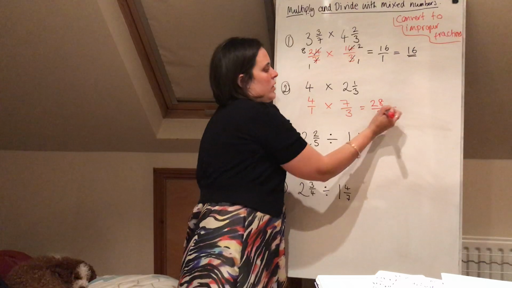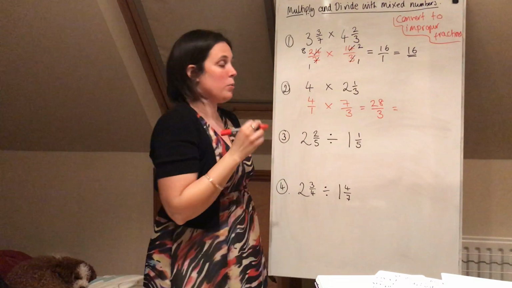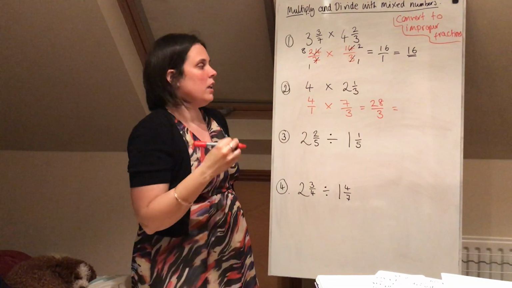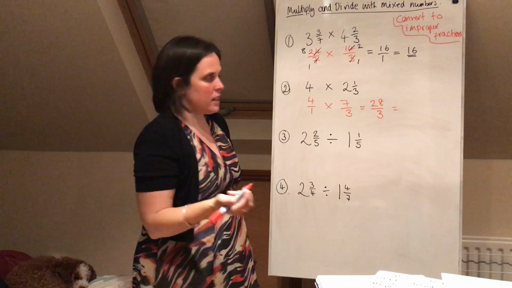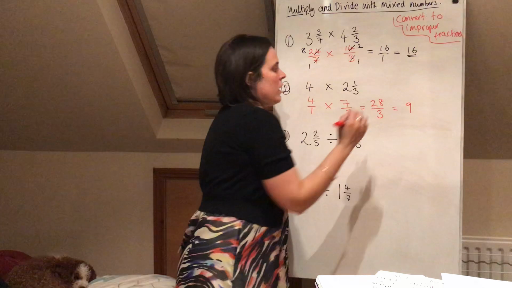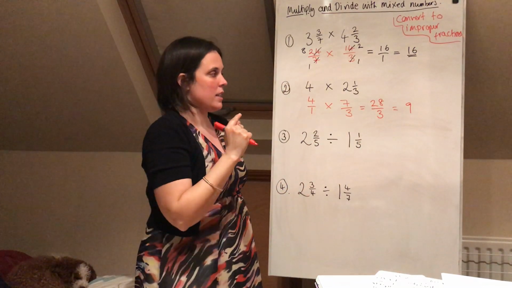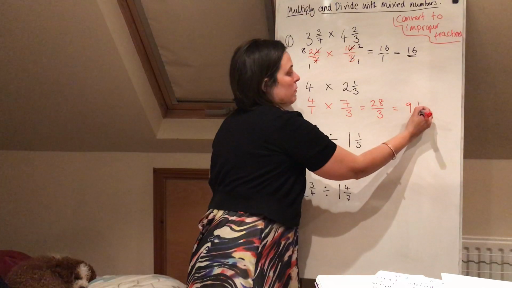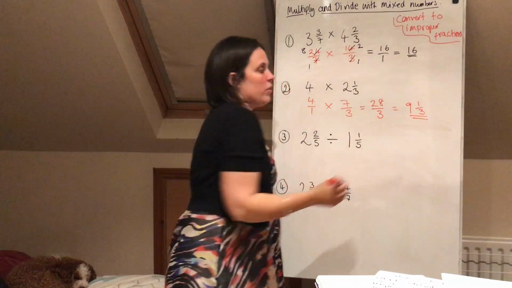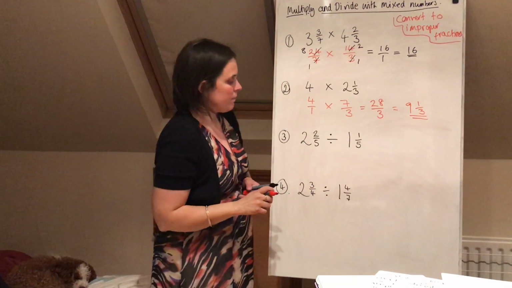So how many times does 3 go into 28 exactly? It goes in 9 times. 9 threes are 27, so that's 9 whole ones, and we've got 1 left over to make it up to 28. So therefore it's 9 1/3.